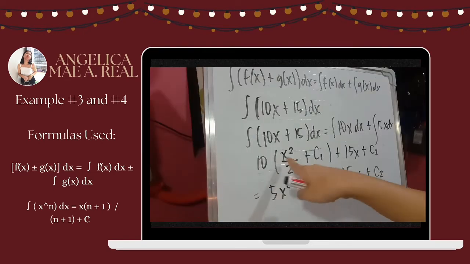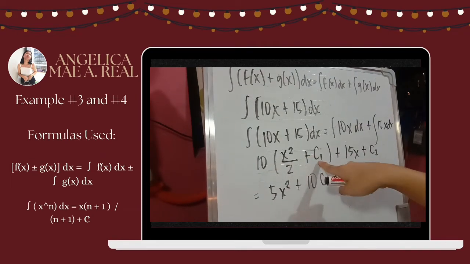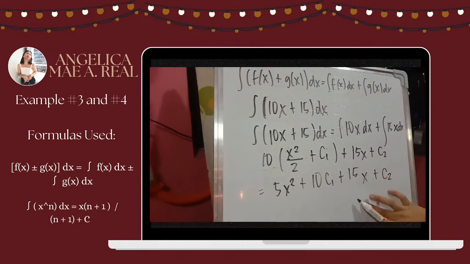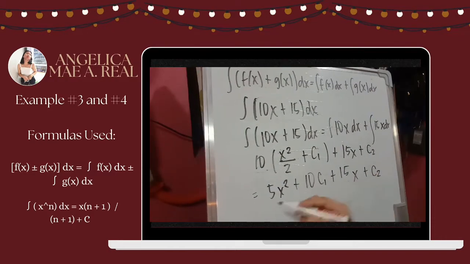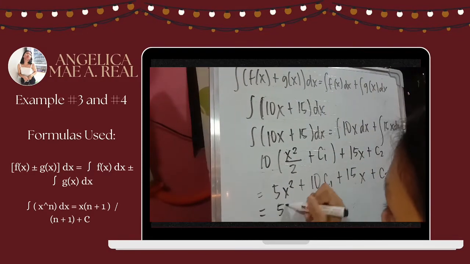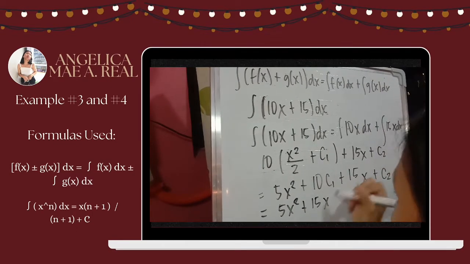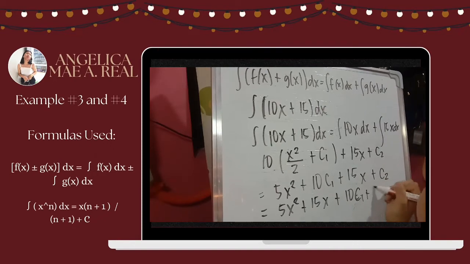The 10, we're going to distribute it here, so 10x squared divided by 2 is 5x squared, then 10 multiplied by c sub 1 will be 10c sub 1, plus we just bring these down, so we have 15x plus c sub 2. So next we're going to arrange them. So we have 5x squared plus 15x plus 10 c sub 1 plus c sub 2.